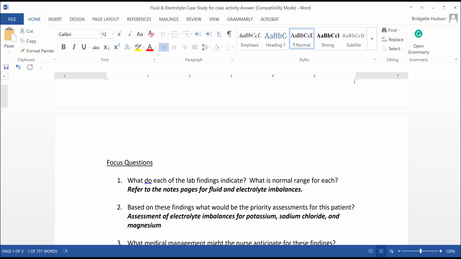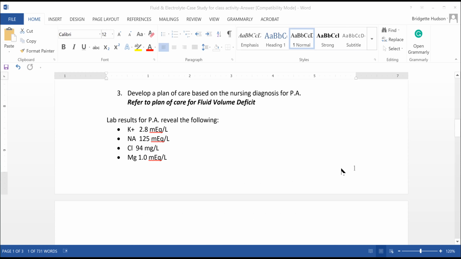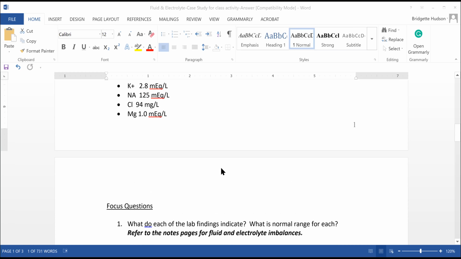They consider the critical values less than 115. 124 should be your lowest point. So he's 125, correct? Is that what that was? So we won't need to do the 3% sodium at this time. Usually that 3% is when the sodium is less than 120, they recommend doing the 3% sodium.